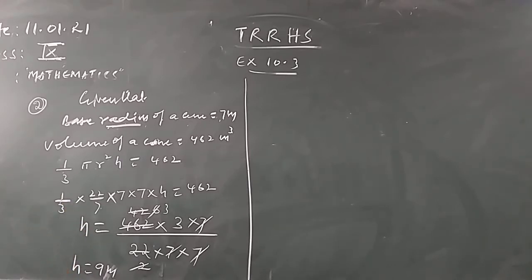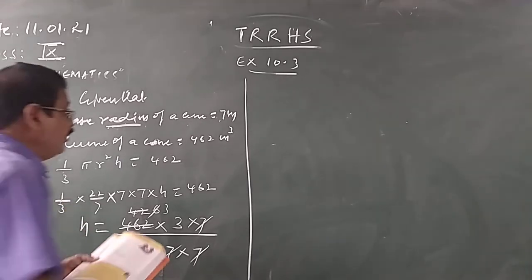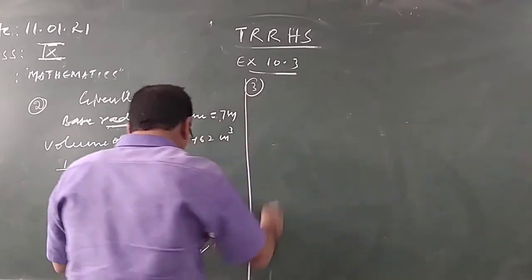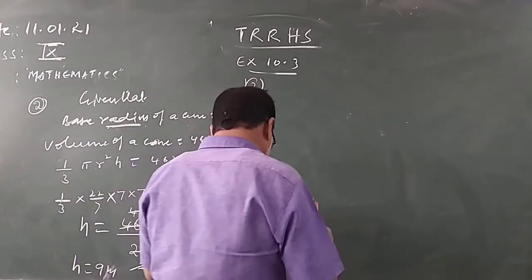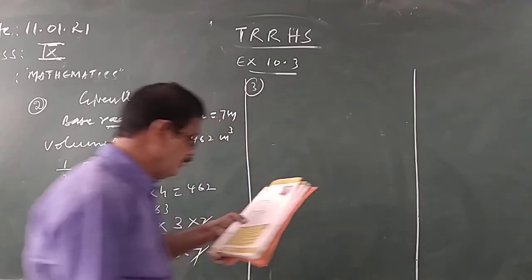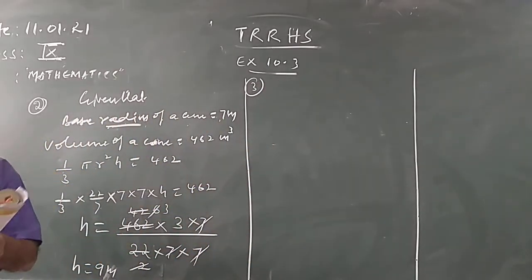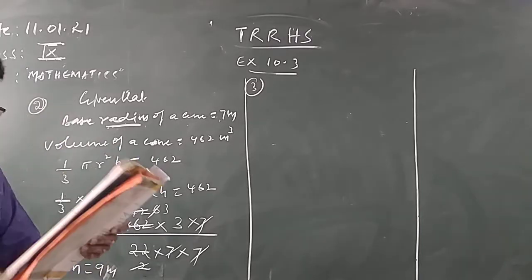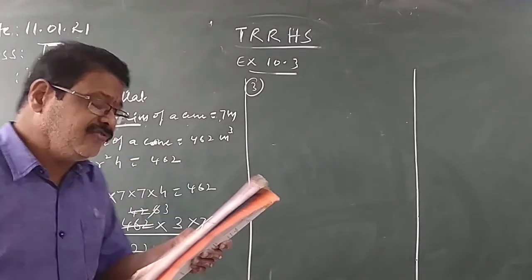Now I go for the third problem. Third: the curved surface area of a cone is 308 square centimeters and slant height is 14 centimeters.